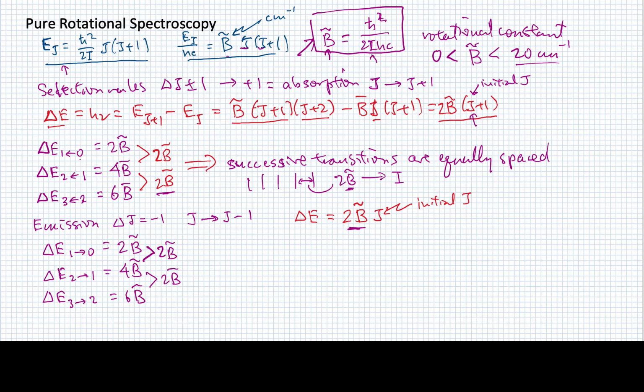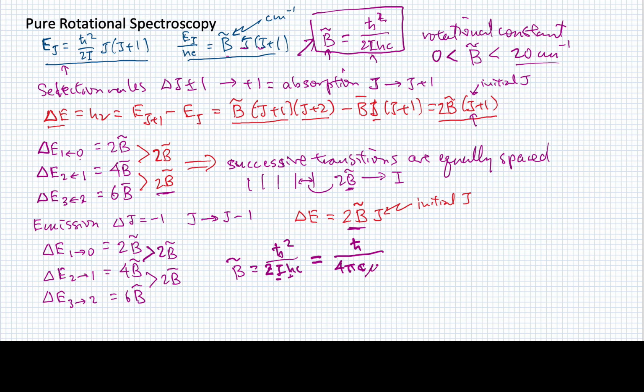Now, I've drawn attention to the fact that B tilde is equal to h bar squared over 2IHC. Okay, I've got h in the numerator and h in the denominator. If we straighten this out, it's going to simply be h bar over 4 pi, because h bar is h over 2 pi, and I've now canceled the h out of here, times c times the moment of inertia.